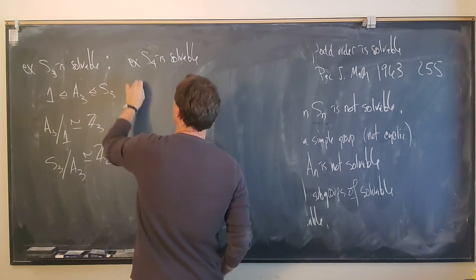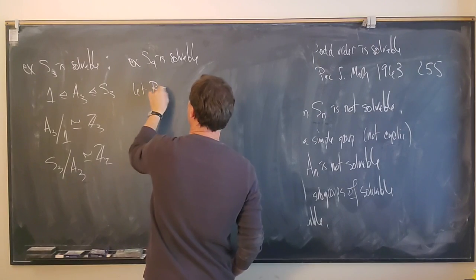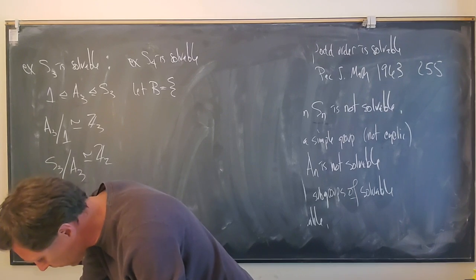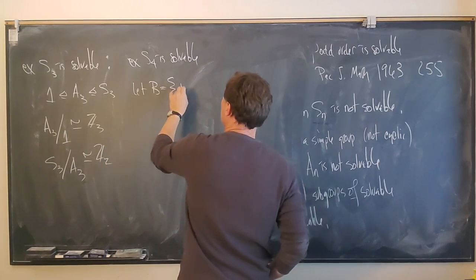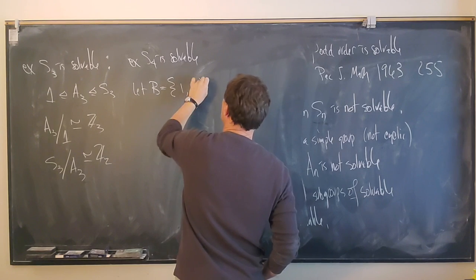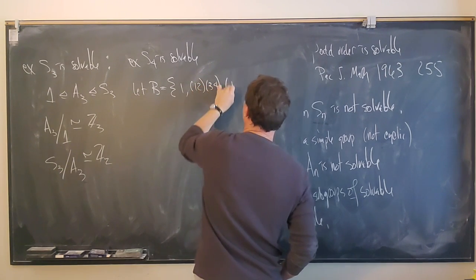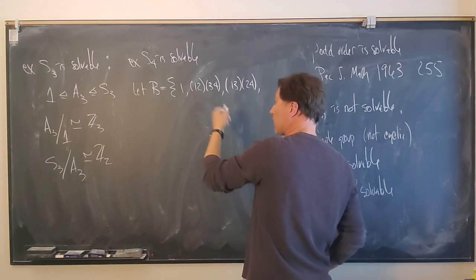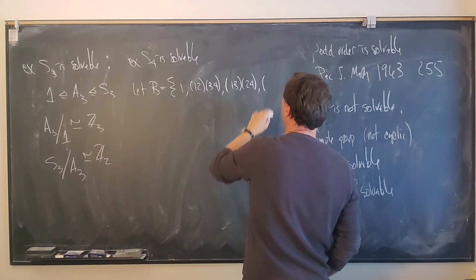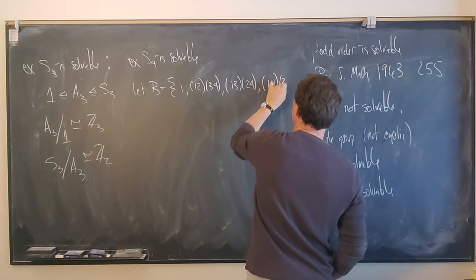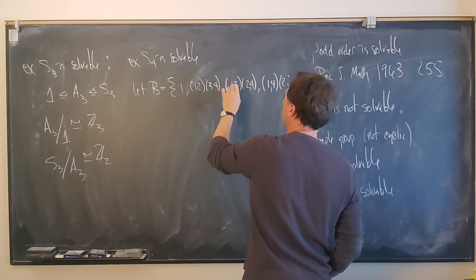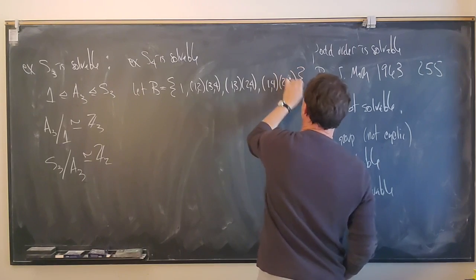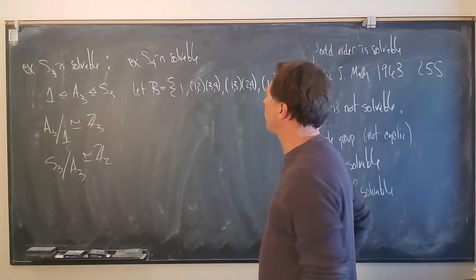Let's call it B, the subgroup consisting of the following elements: 1, so the identity, and then (1 2)(3 4), (1 3)(2 4), and (1 4)(2 3). I'm just using disjoint cycle notation here. Okay, so there's our group. This is a subgroup of S4.